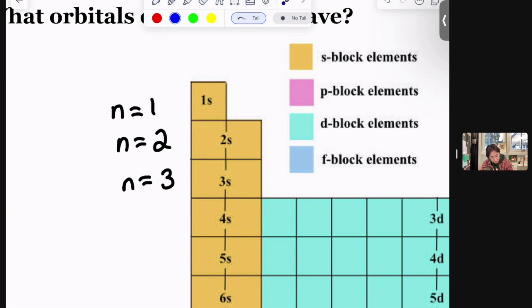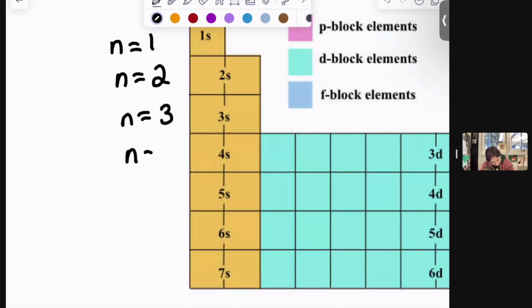This one's in row 2, and it's an s orbital, so it's called the 2s orbital. So let me just finish up labeling these guys. n equals 4, n equals 5, n equals 6, and n equals 7.